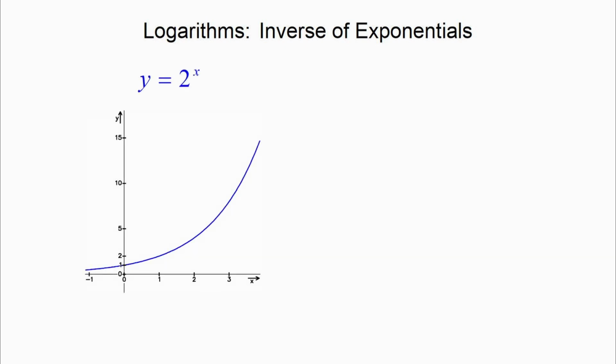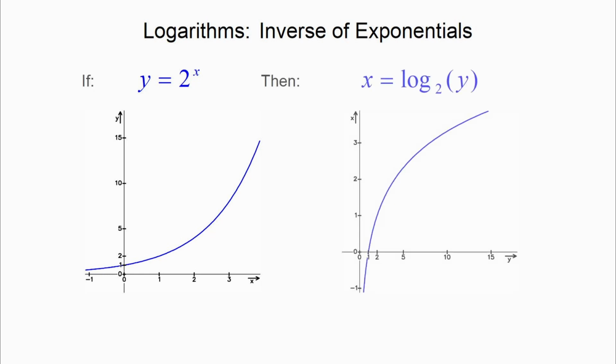The graph on the left depicts the function y equals 2 to the x, the base 2 exponential that was already shown several times before. By mirroring the picture with respect to a 45-degree line, the horizontal axis is exchanged with the vertical. Thus the graph of its inverse function, x equals the base 2 log of y, is obtained.